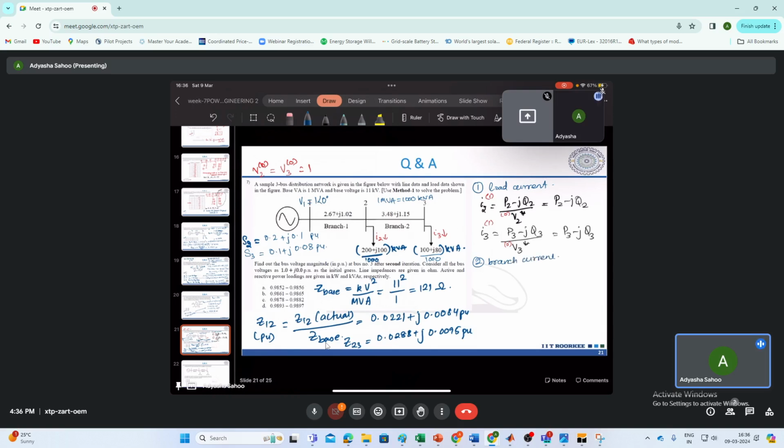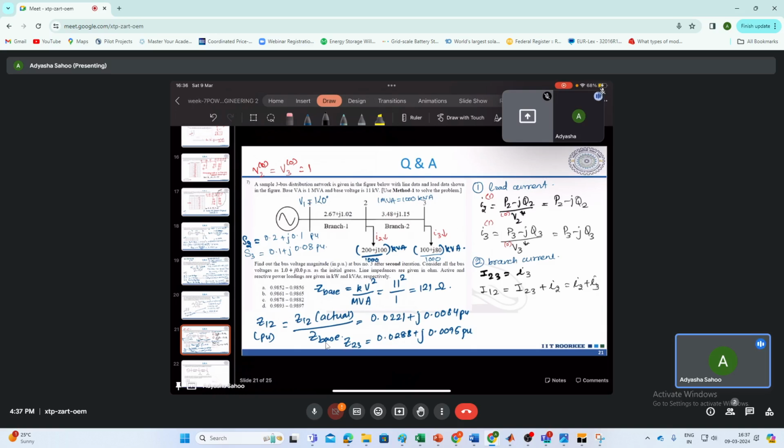So for branch current, I23 is the same as I3, and what is I12? I12 is the same as I23 plus I2, which is I2 plus I3, because I23 is normally I3 here, right?